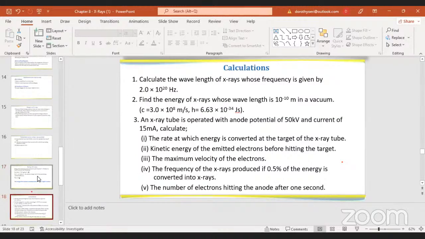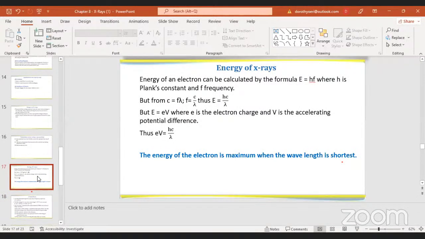Before I go to questions, any question? Because up to that point, we are through with the topic of X-rays, unless somebody has got a question.